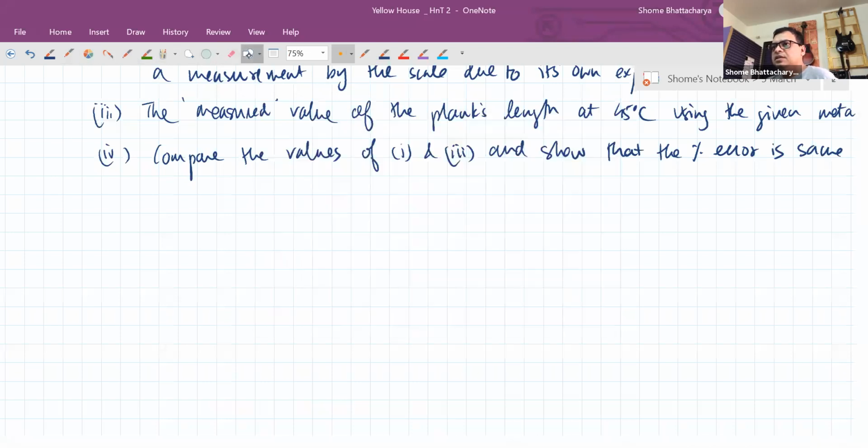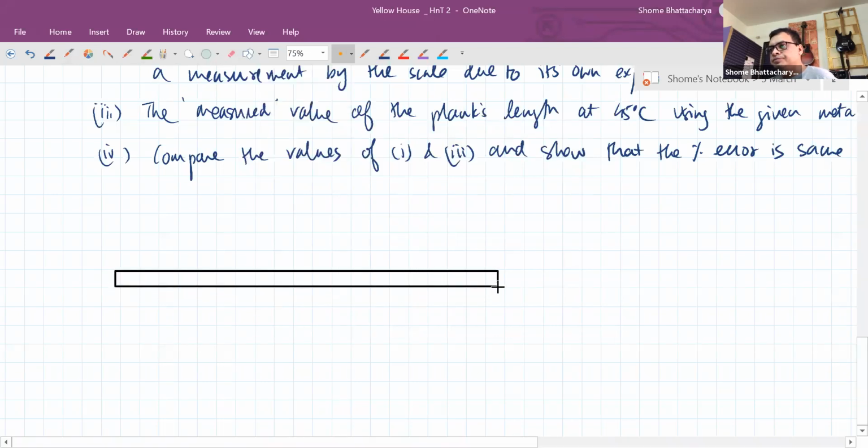So our metallic scale, suppose it has divisions made like this. So it has a least count equal to 1 millimeter at a temperature of 5 degrees.